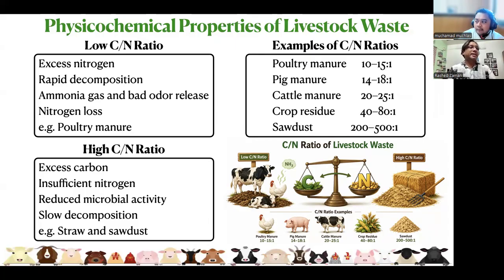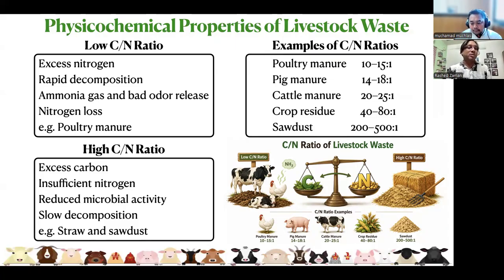Now, high carbon to nitrogen ratio. It means the presence of excess carbon and low, insufficient nitrogen. It reduces the microbial activity because the imbalance between carbon and nitrogen slows down the microbial metabolism as well as waste breakdown.